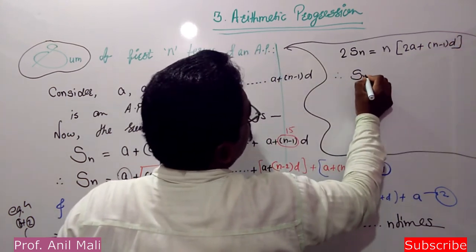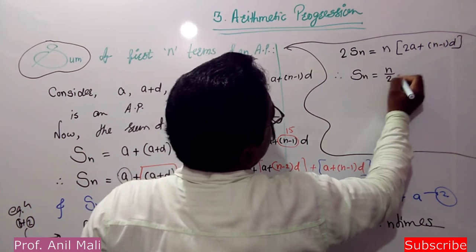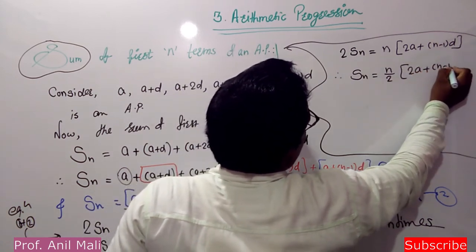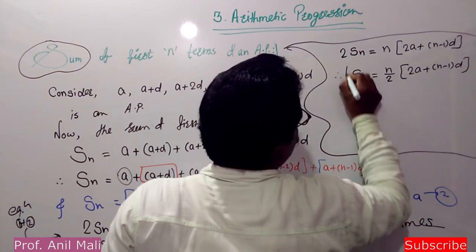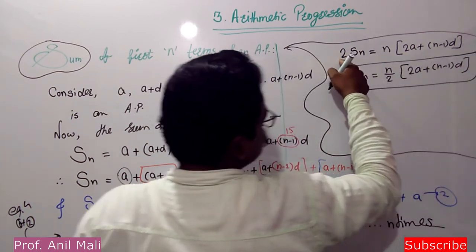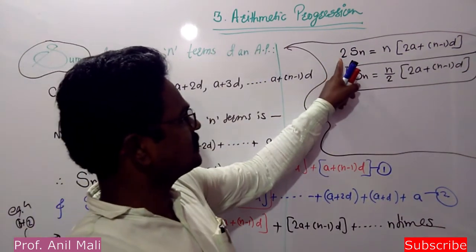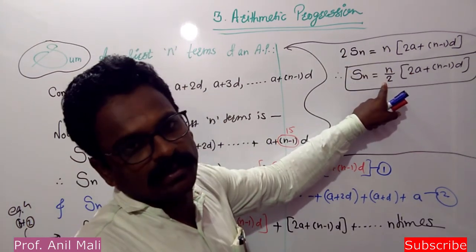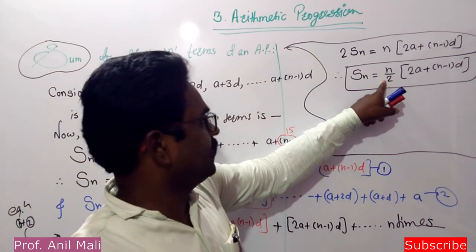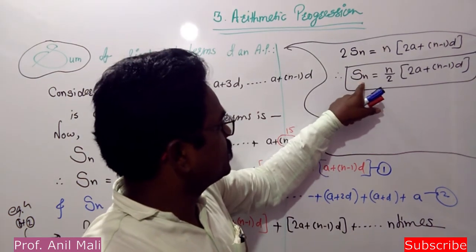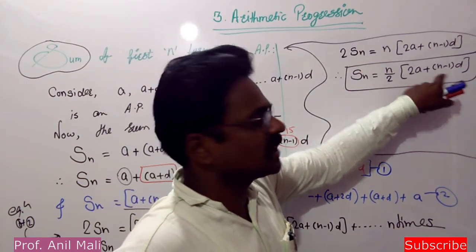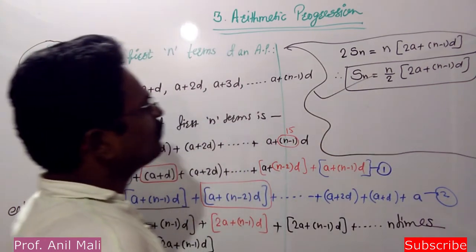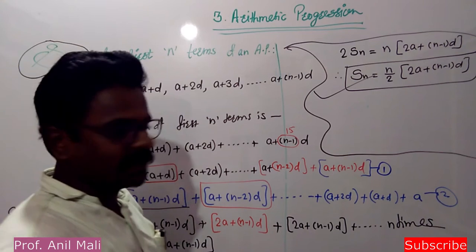Therefore Sn is equal to n by 2 into the bracket 2a plus (n minus 1) into d. Okay, fine, no problem. This 2 is in multiplication on the LHS. When it goes to the RHS, it becomes the denominator of n. Finish. So this is the formula for the sum of the first n terms.